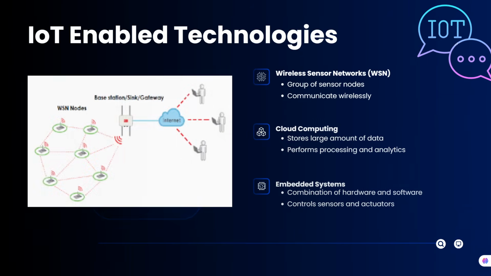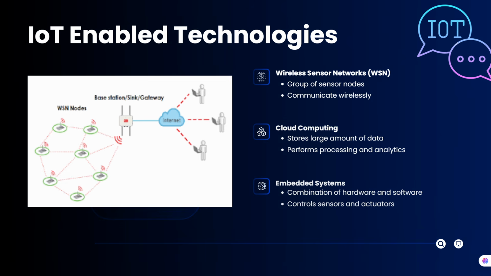Next is IoT Enabled Technologies. In this slide, you can see wireless sensor nodes forming a network. This is known as a wireless sensor network. Many small sensor nodes work together and send data wirelessly. The collected data is then sent to the cloud.